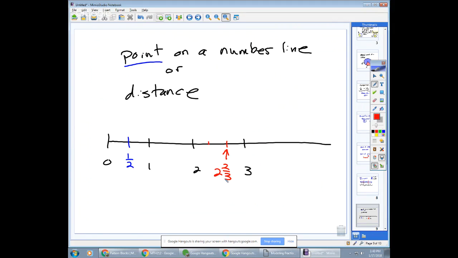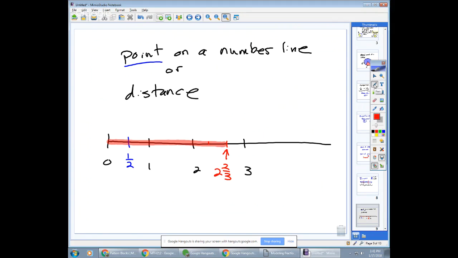So often we think about a fraction as part of a whole, but it can be more than that, because 2 2/3 isn't part of a whole. It's a position. It could be considered a distance from here, ending up there. If I reconsider the whole number line in terms of thirds, how many thirds are in a whole? 3 thirds, right?